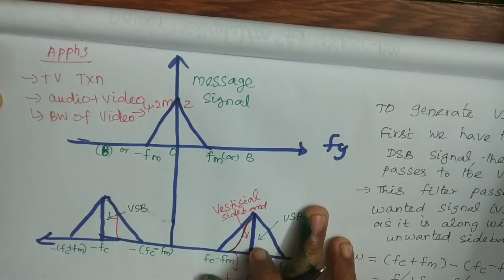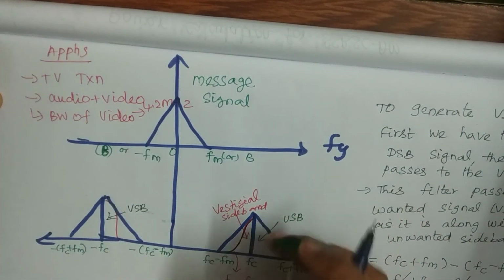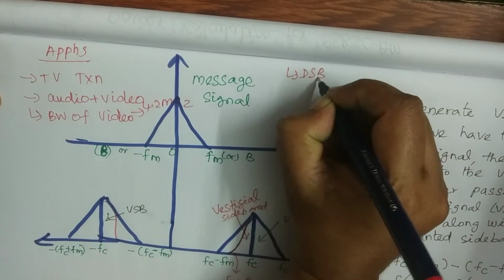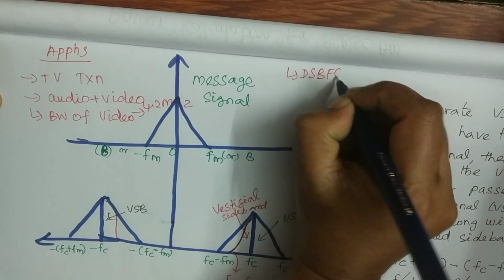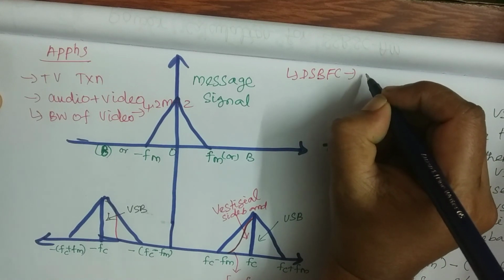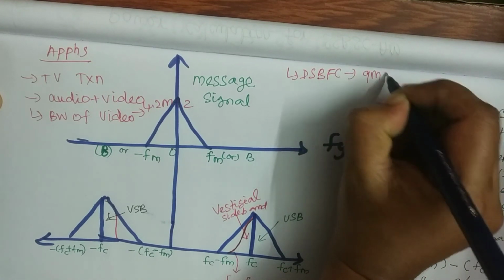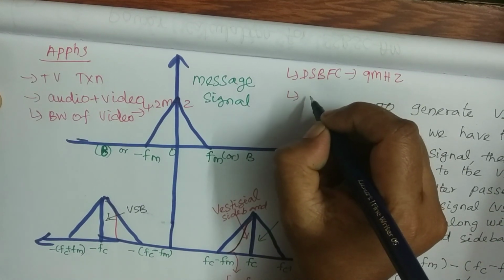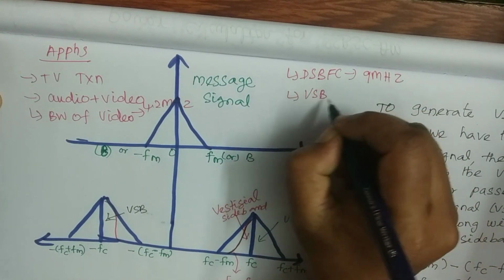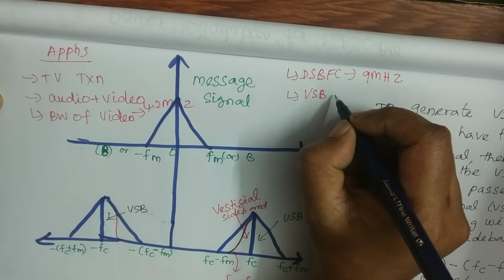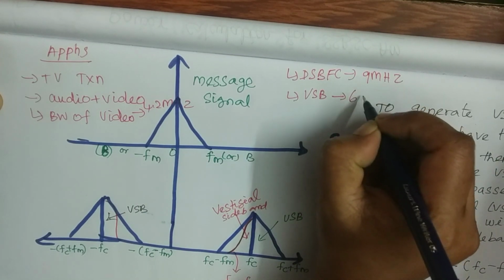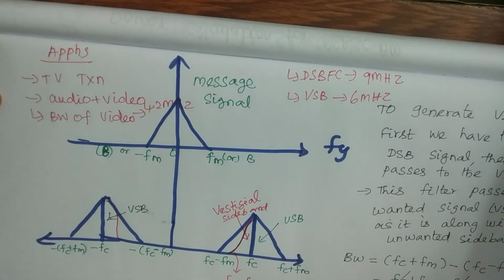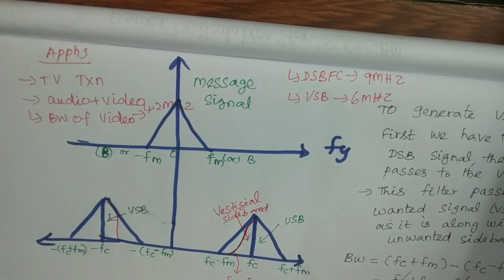If you are using double sideband full carrier, the bandwidth is around 9 megahertz, and for VSB amplitude modulation the bandwidth is around 6 megahertz. So these are some of the applications of VSB amplitude modulation.